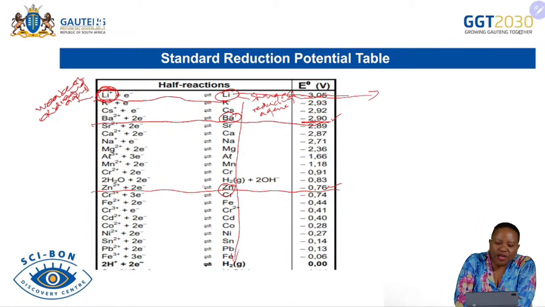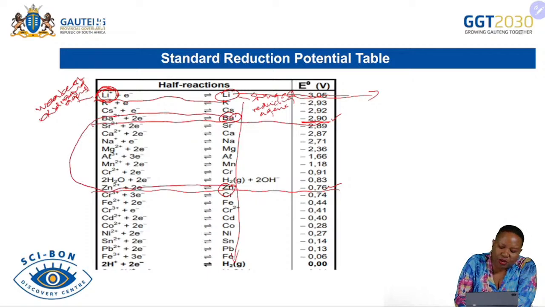Therefore, how do we write these reactions? When we write oxidation, we start from the side of the reducing agent to the side of the oxidizing agent. So barium, which is our solid, will undergo oxidation and form barium 2 plus, as it appears on the table, plus 2 electrons.